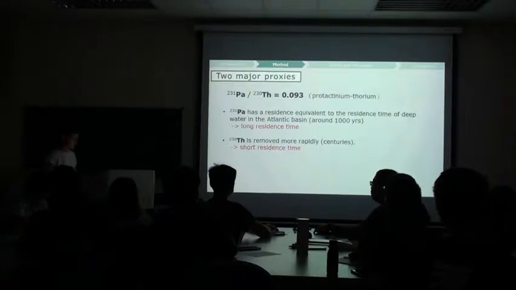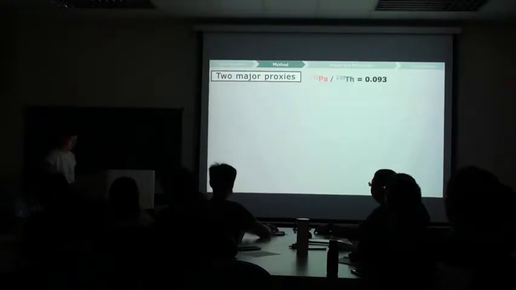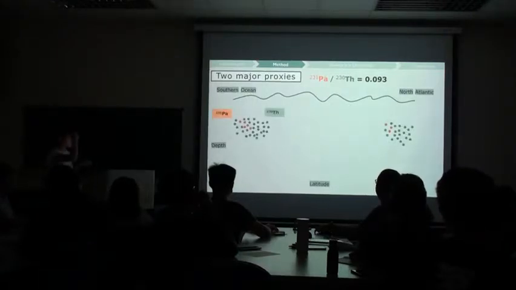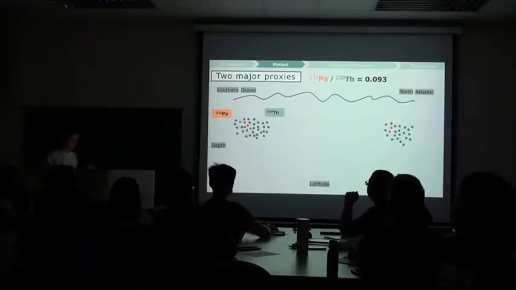Protactinium has a long residence time, and thorium has a short residence time, and I will tell the details next. This is a section of the Atlantic, and the blue is the thorium, and the yellow one is the protactinium. The Southern Ocean has a higher production than the North Atlantic.